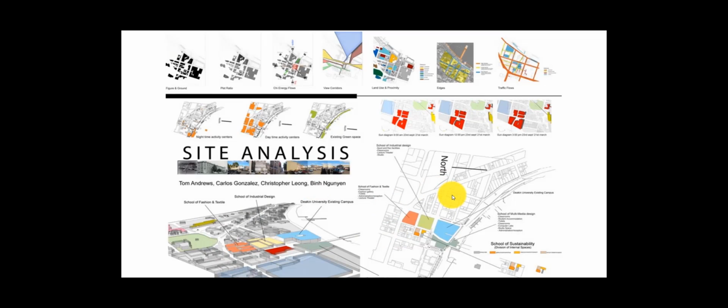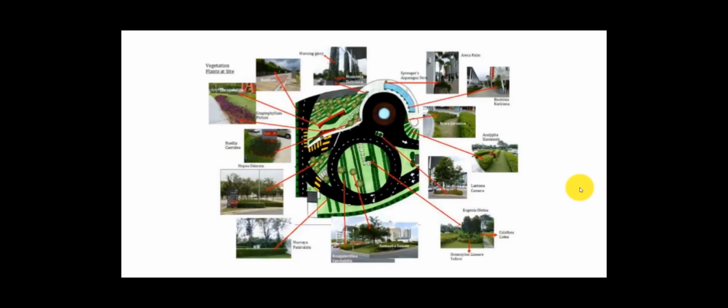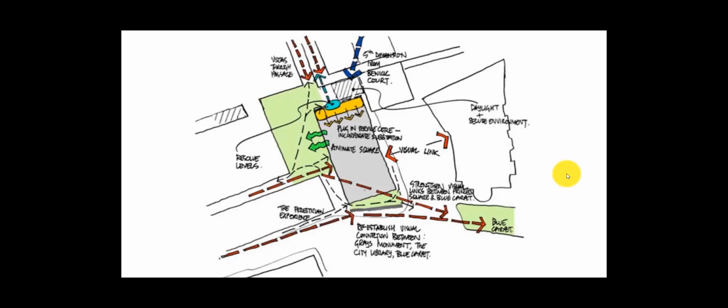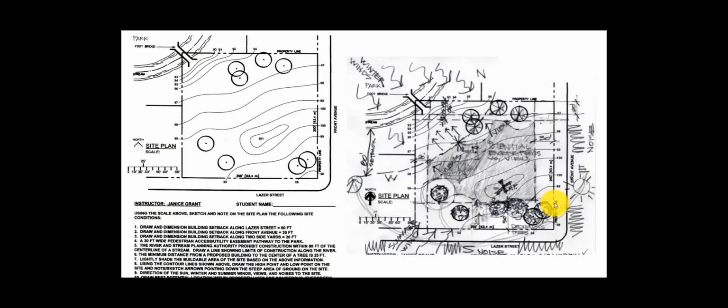This one has a lot more to it because it's a bigger project, and so there are several plans for each one of the elements: traffic flow, existing green space, nighttime activity. I've used site analysis like this before, where you take pictures of the site and then kind of represent those photos on the different plan views to better understand the site, which strengthens your design. Another example of the graphics that you could use.